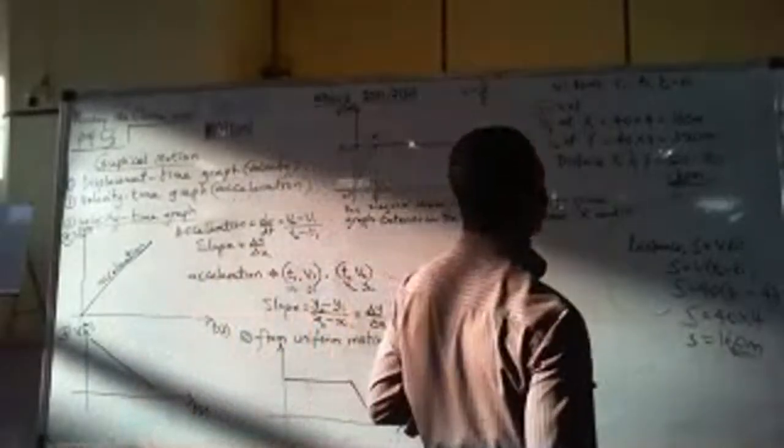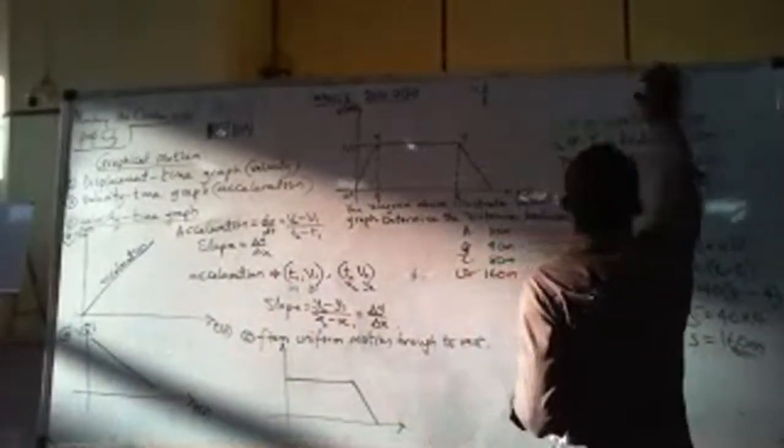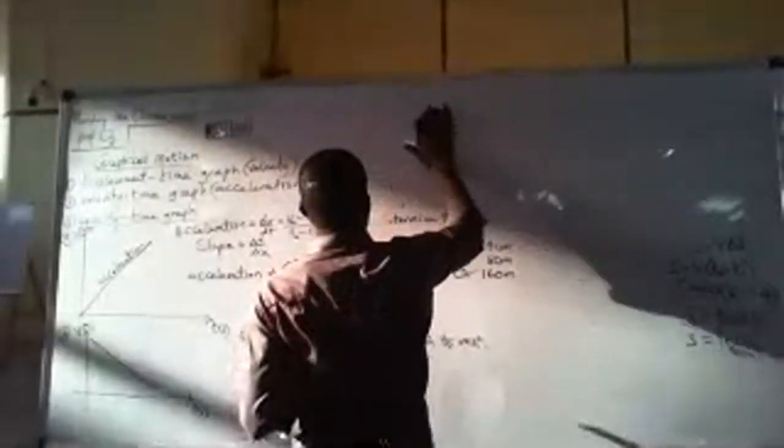So, in a velocity graph, here, what is the total distance covered? What is the total distance covered? It will be the area of the trapezium. Total distance covered is representing the area of the trapezium.